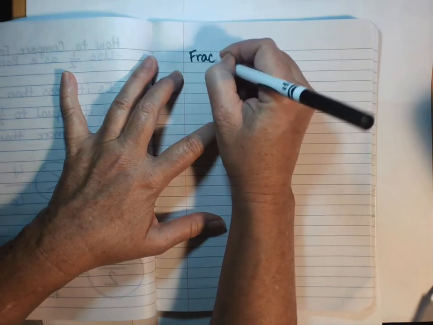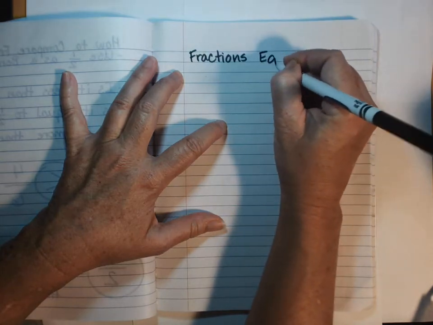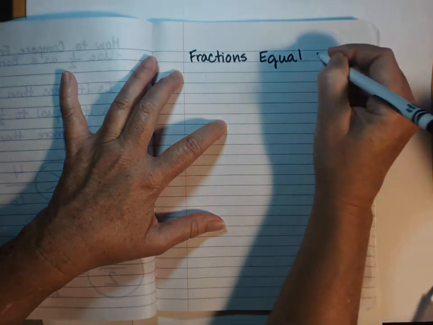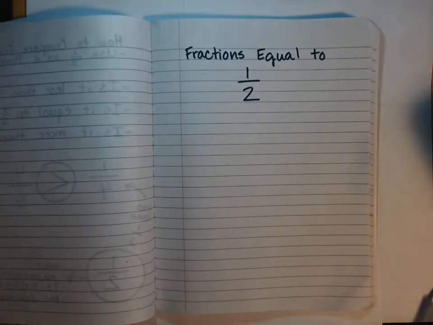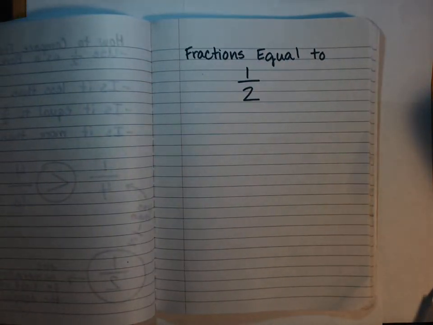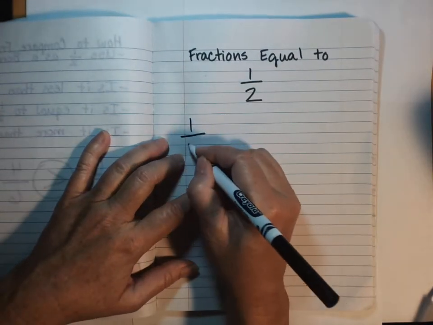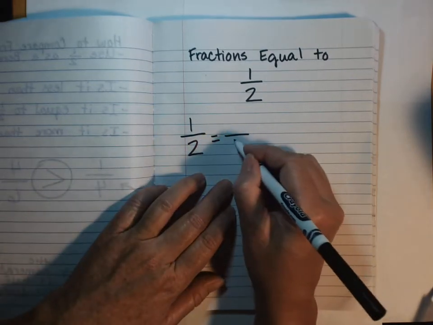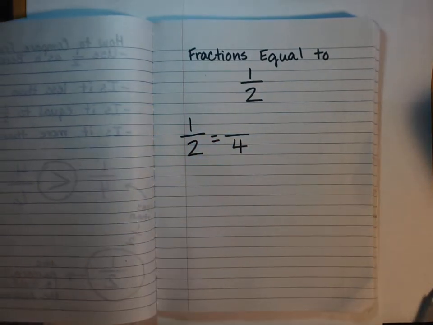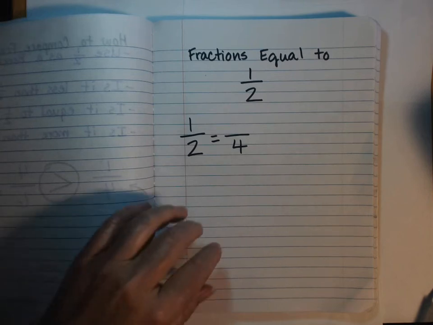Fractions equal to 1/2. So what are some fractions equal to 1/2? So we know 1/2 equals, if you have fourths, what is half of 4? 2 plus 2 is 4.